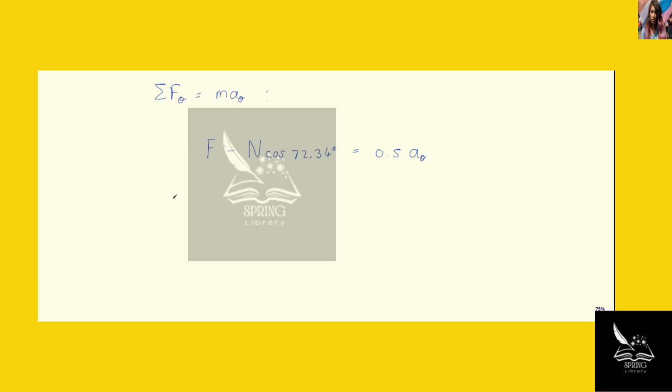Now if we use kinematics and use the chain rule for the first and second time derivatives of r, we get, firstly, we know that r is 2 theta to the minus 1. So r dot is simply minus 2 theta to the minus 2 times theta dot, which is minus 2 over theta squared times theta dot.